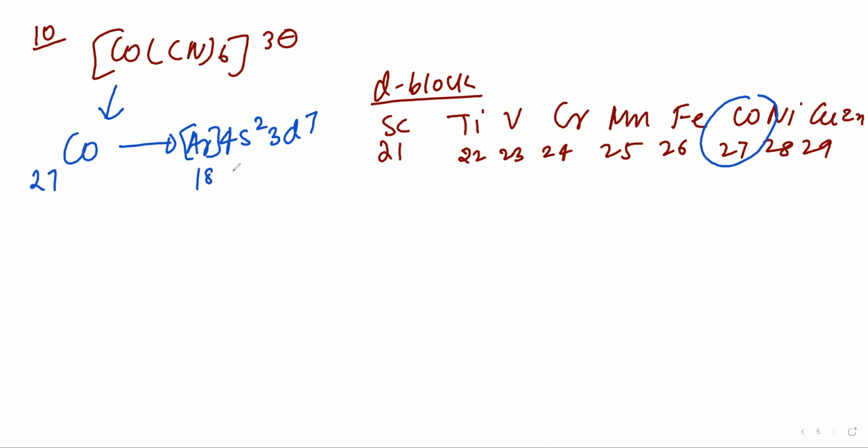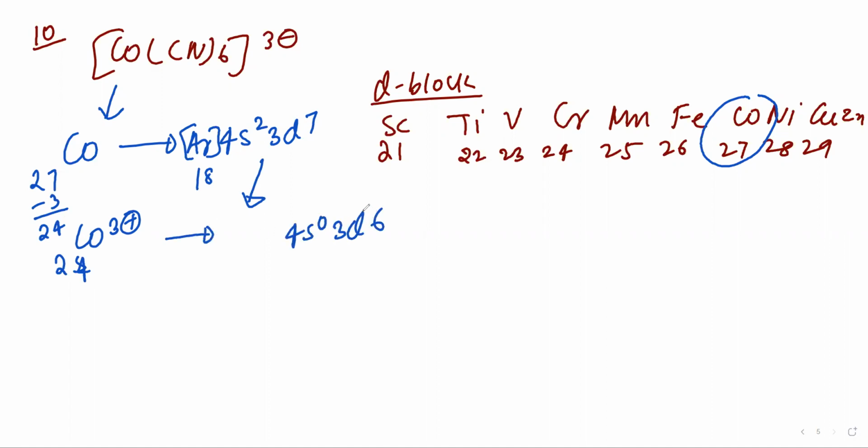After losing 3 electrons, when the Co3+ charge is assigned, it will look like 4s0 3d6.